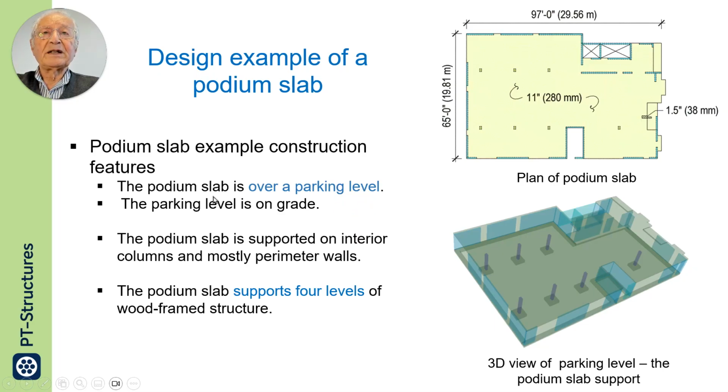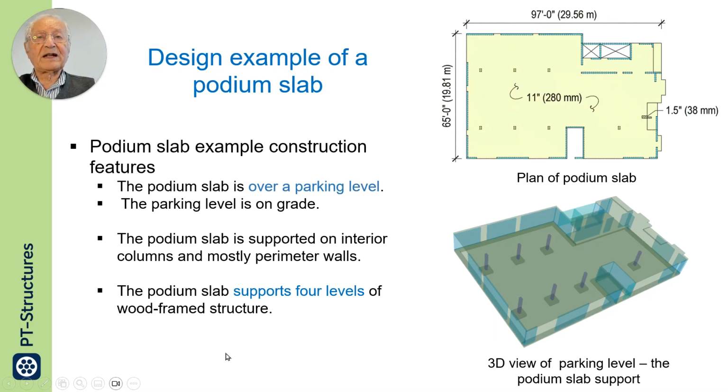The example is a podium slab over a parking level. The parking level is on grade. The podium slab is supported on interior columns and mostly perimeter walls as shown.